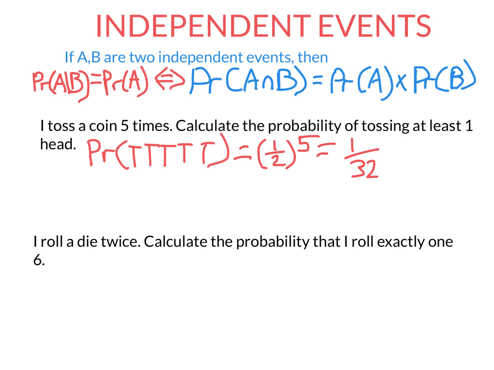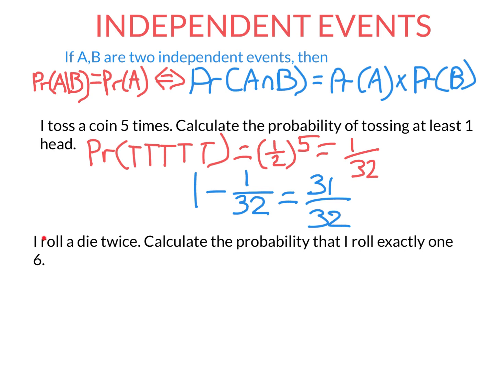These two events, getting all tails and getting at least one head, are called complementary. And if the probability of an event is X, the probability it doesn't happen, the probability of its complement, is 1 minus X. So the probability I get at least one head is 1 minus the probability I don't get at least one head. Our final answer here is 31 over 32.